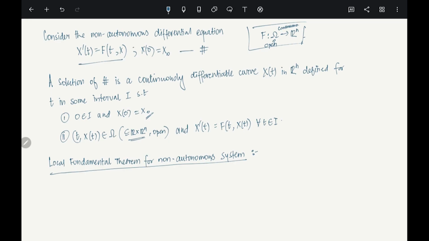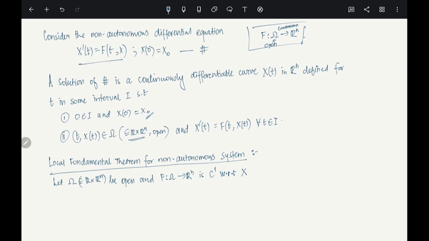Okay, so what does the theorem say? It says: let omega, a subset of R cross Rn, be open, and capital F from omega to Rn be a C1 function with respect to x. We have seen that f of x has to be C1, because in the earlier case it is just a function of x, so we need that same sort of thing.